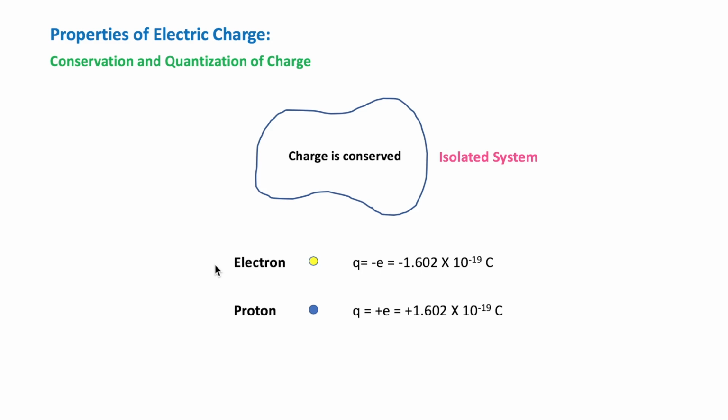So there are 6.25 times 10 to the 18 electrons in 1 Coulomb. And so 1 Coulomb is a large amount of charge, and usually in electrostatic problems, the amount of charge is of the order of micro Coulomb.